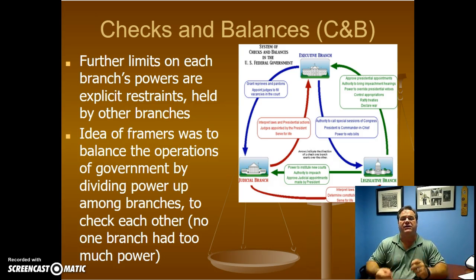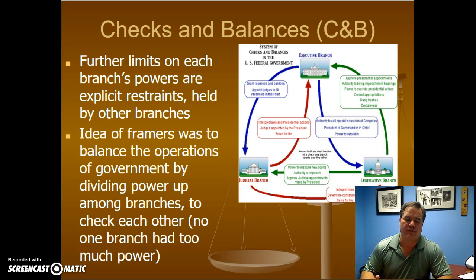Okay, the idea was that no one branch would have too much power and be able to exercise it independently of the other two branches' checks. Okay, the idea being, of course, to avoid despotism, to avoid a tyranny.